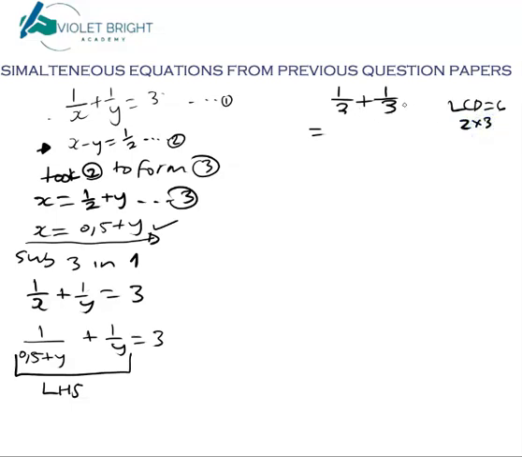Multiply by 2 here and here, and 3 here and here. It's the same thing. So maths is the same all around. The same maths that you were doing in grade 6 or 7 is still the same maths that you are doing right now in matric or grade 11.